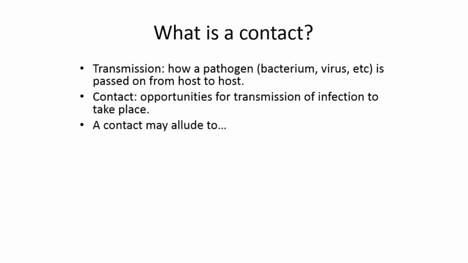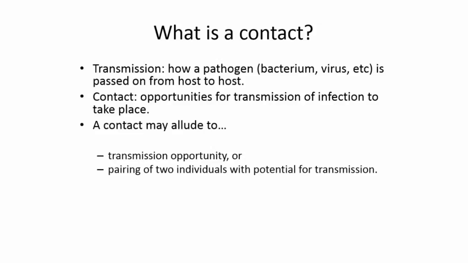So a contact may refer to a transmission opportunity, or it may refer to a pairing. Remember my cartoon where there were two hosts, right? A pairing of two individuals, such that pairing, that chance in which they get together, they attend class, they go to the same school, or they go to that meeting, right? A pairing of two individuals with the potential of transmission.